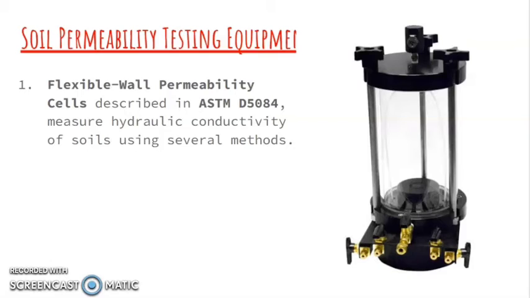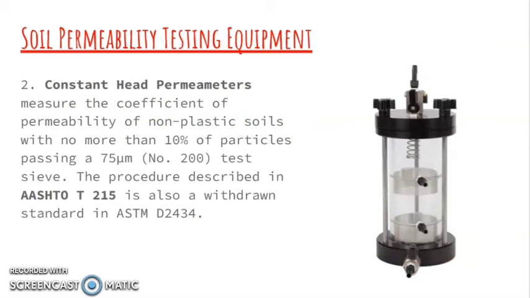Okay, we will look at the soil permeability test equipment. The first equipment is the flexible wall permeability cell, also described as ASTM D5084. It is used to measure hydraulic conductivity of soils using several methods. The second equipment is the constant head permeameter.